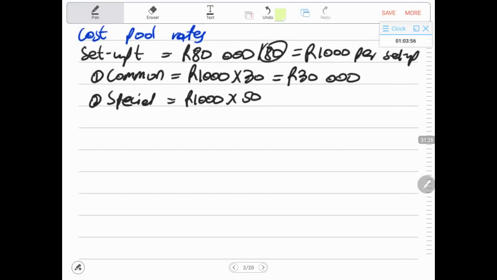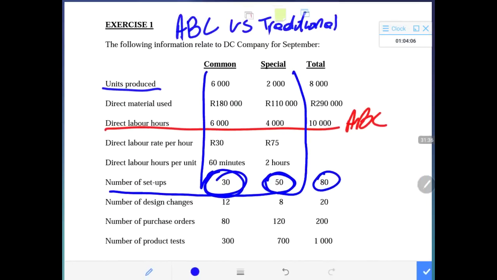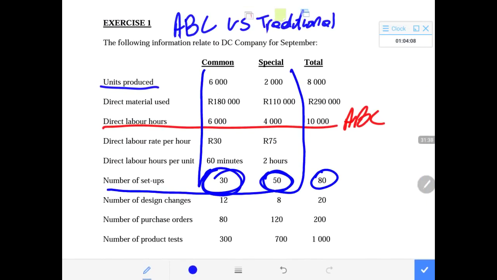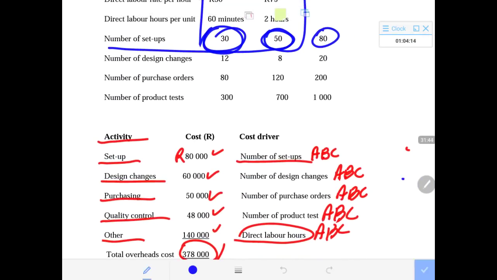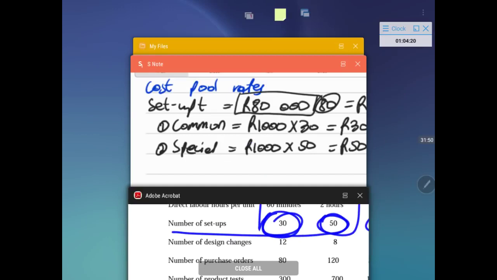Therefore now, when I multiply, this will give me obviously 50,000. Meaning now, out of the 80,000 of the setups, which we have seen there, the cost, 30,000 is allocated to product common and 50,000 to product special, and we have seen that.